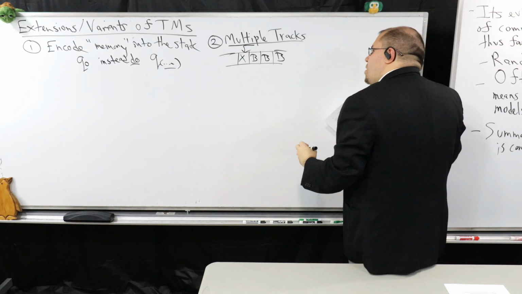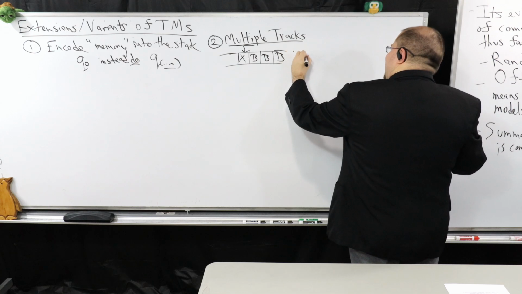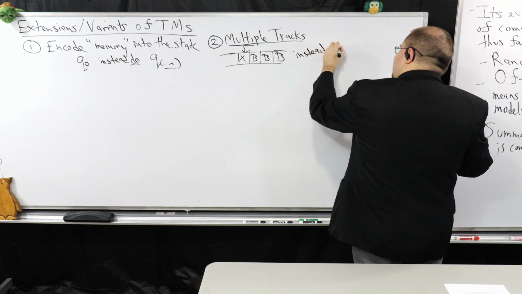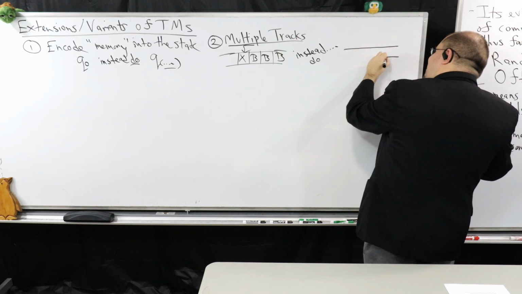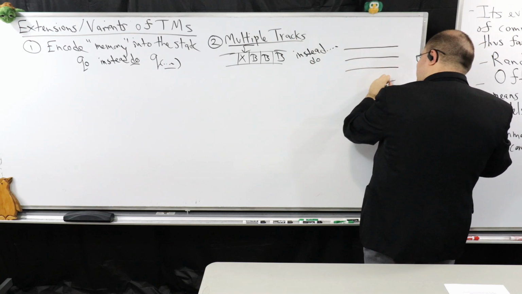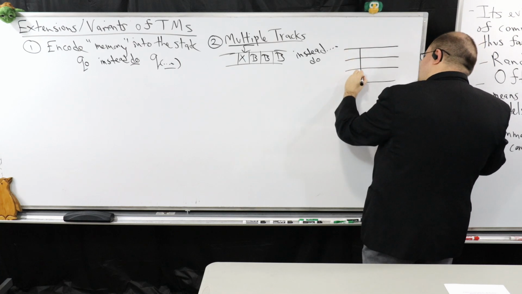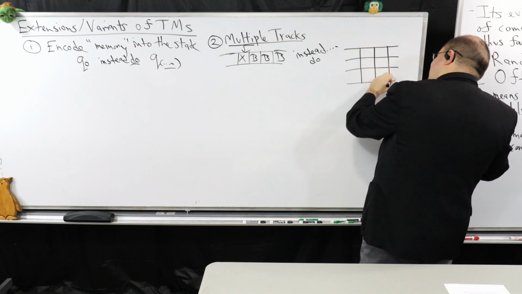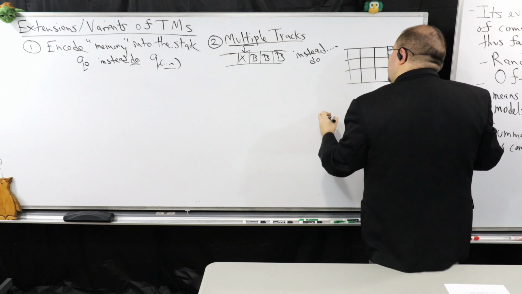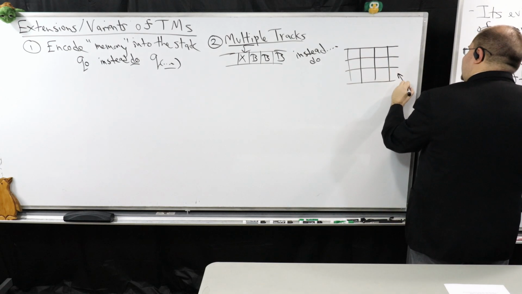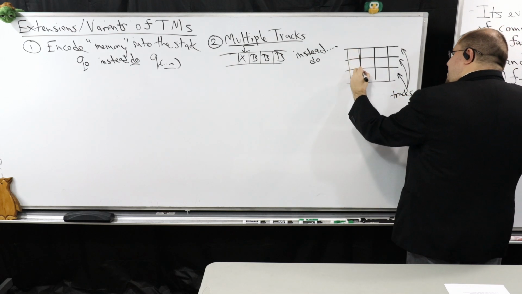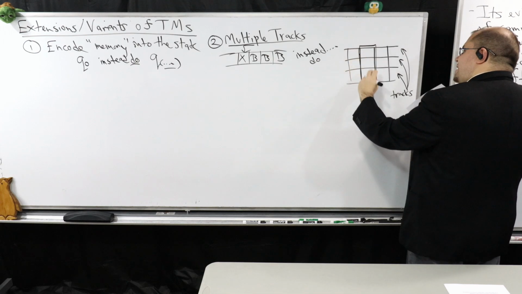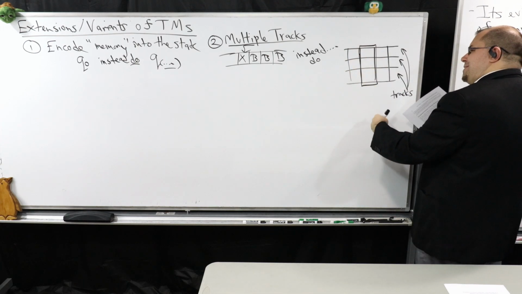What you could do instead is introduce what we call tape tracks. So these are called tracks, and each one of these is a tape cell. You just read it vertically like this.